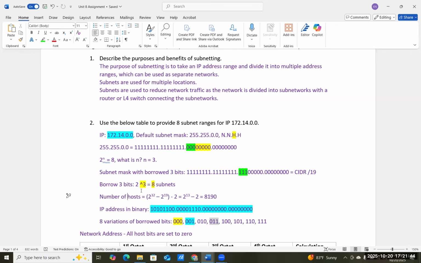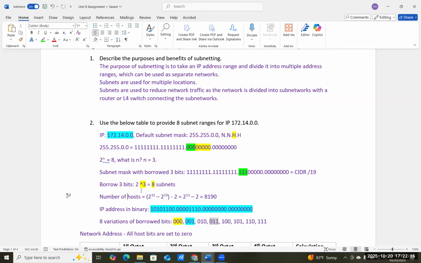So I know that IPv4 has 32 bits. So it's 2 to the 32 power, right? And I need to subtract 2 to the 19, right? Why the 19? So how many bits do you see are ones here? 19, right? 8 plus 8 plus 3 gives you 19.